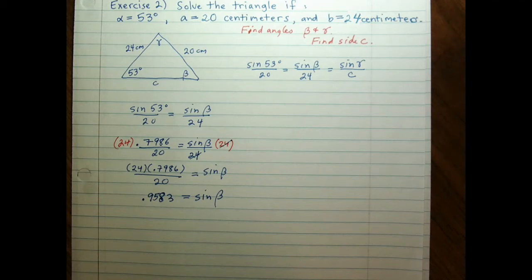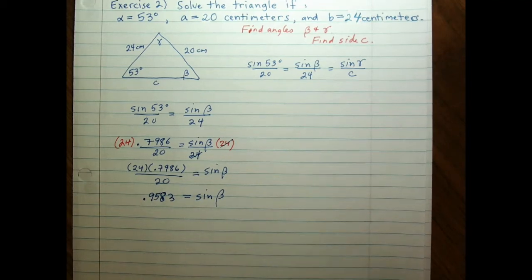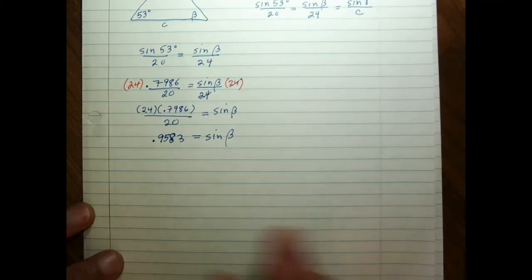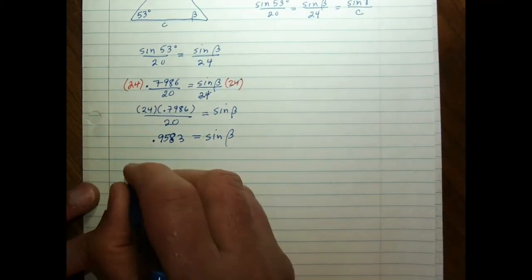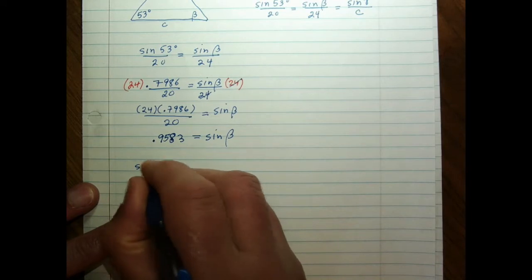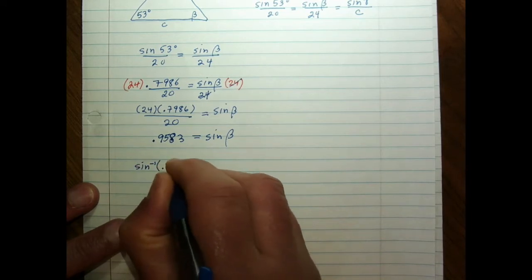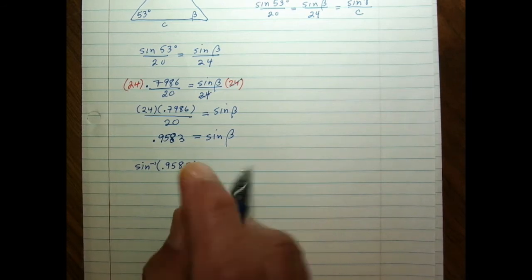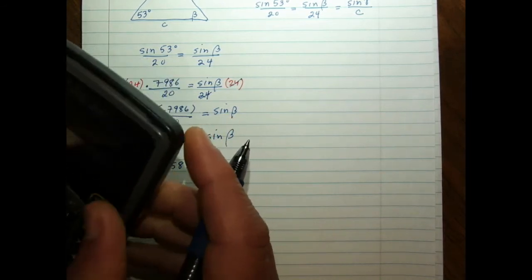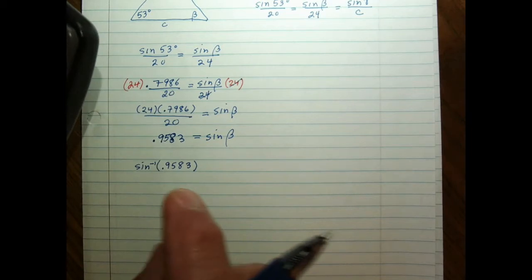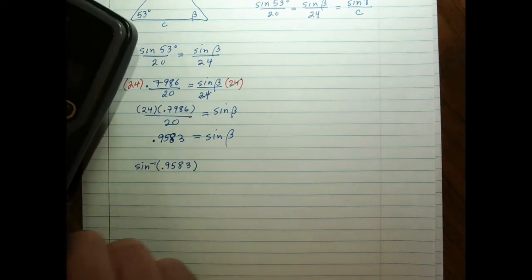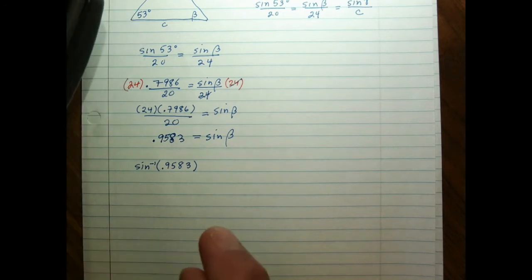And now, how can I get back to beta? Well, I think the thing you should feel like doing here is taking sine inverse of 0.9583. I'm going to do that on my calculator, so I'm going to bring out the inverse trig function. Again, make sure you're in degree mode. We're working with degrees here. We don't want radian measure of angles.